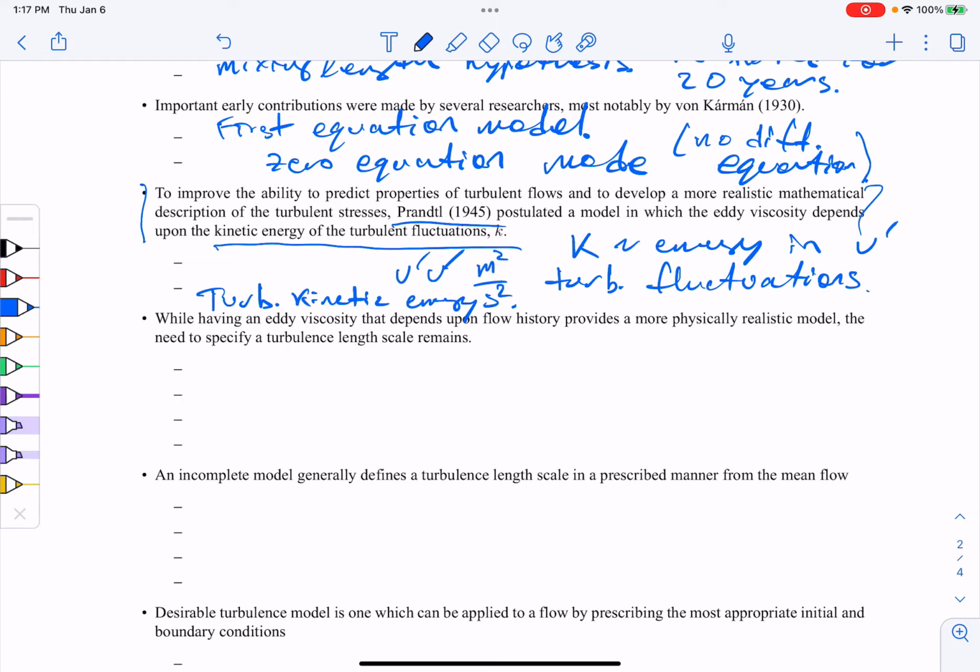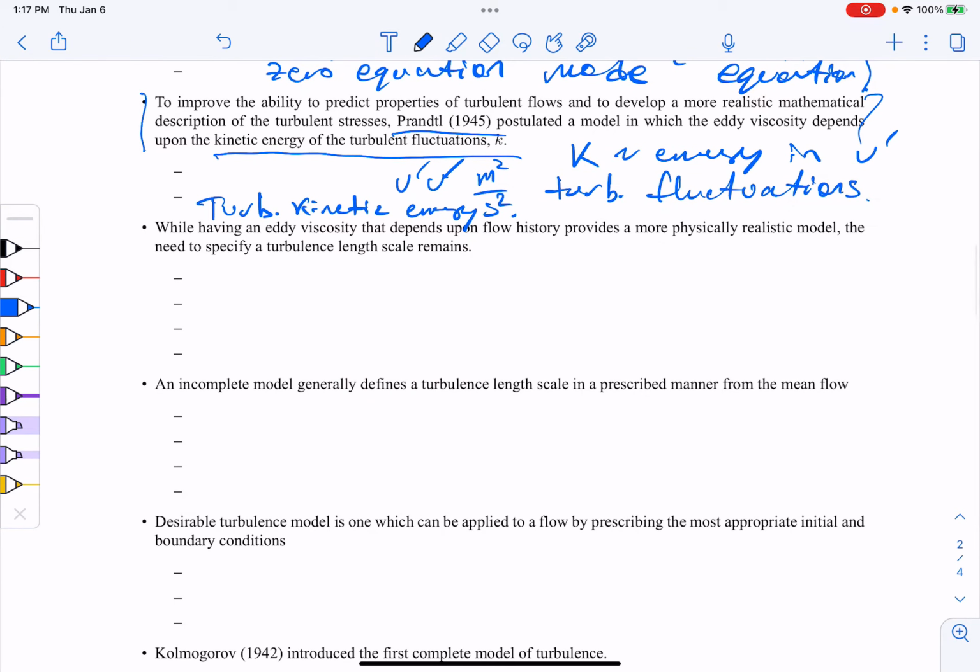Okay, another interesting thing is that now that we have these eddy viscosities that depend on the flow history, we need to provide a more physically realistic model to find the length scales, because before that, length scales were basically defined as, say, the distance from the wall. So how do people do that? They might say that viscosity has dimensions of, say, velocity times time.